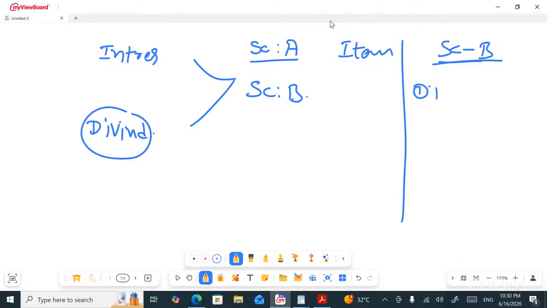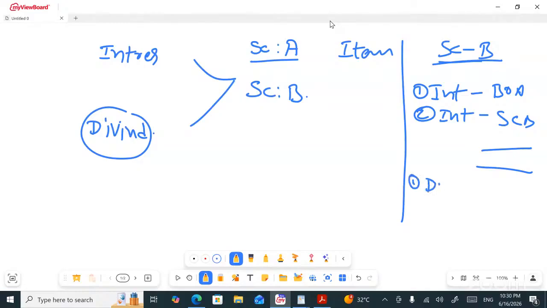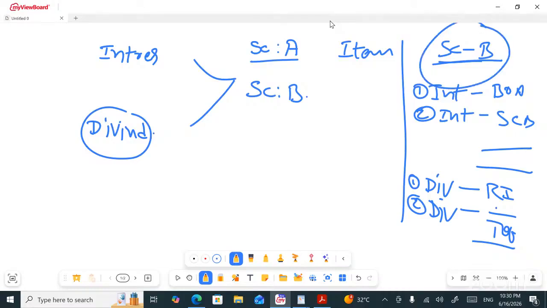One is interest from Bank of America, interest from Standard Chartered Bank, like that, and the total interest income is to be included in Schedule B. The second one, dividend income from Reliance Company, dividend income from Tata Company, like this, we have to total the dividend amount, first to be included in Schedule B. This interest income total is to be included in form number 1040, item number 2.